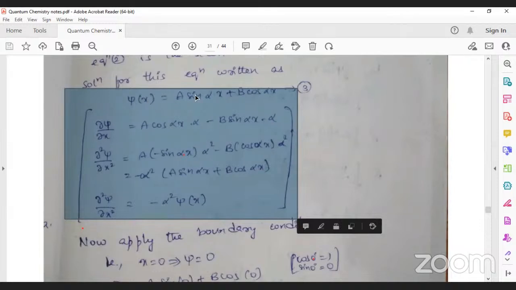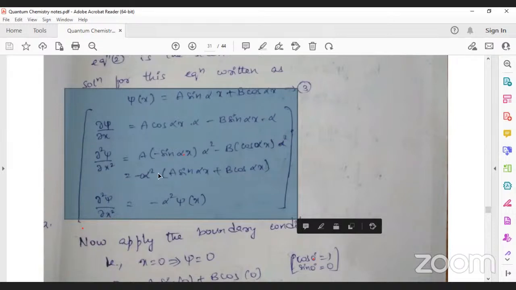A is constant. The differentiation of sin αx is cos αx into α. Then the differentiation of cos is minus sin, so minus B into sin αx into α. Then one more differentiation: A into cos differentiation, that is minus sin αx into α. α times α becomes α², minus B into cos αx into α. Already α is there, that's why α².